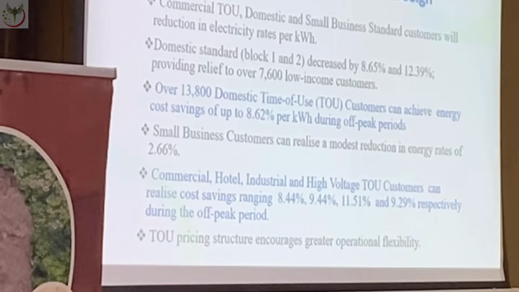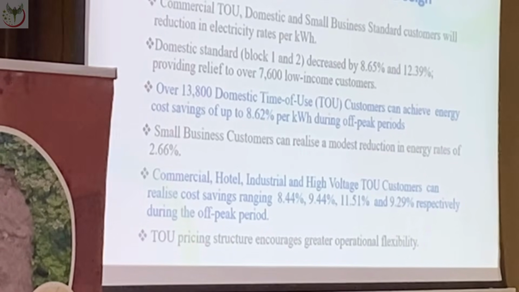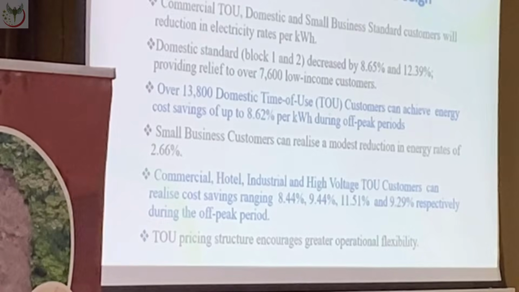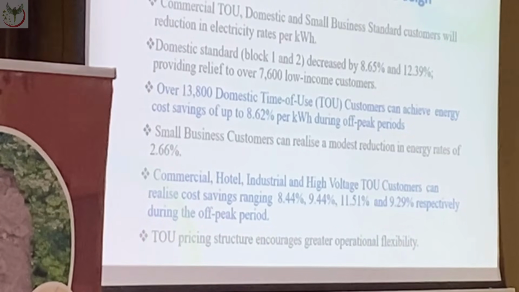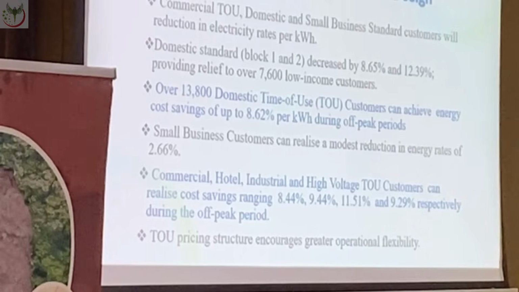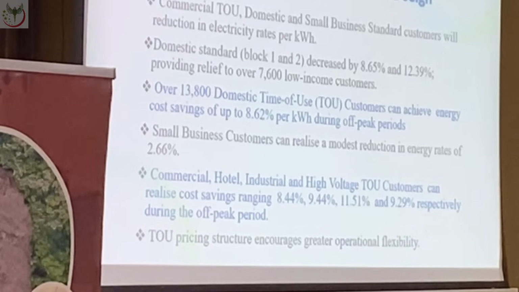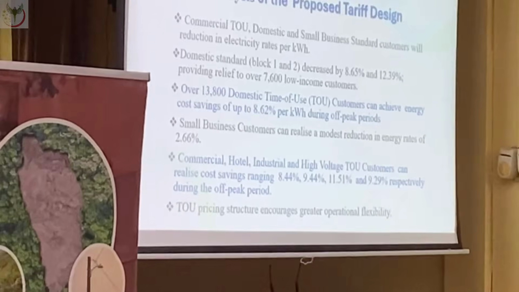Domestic standard 2-tier tariff for block 1 and 2 will decrease, as I said, by 8.65% and 12.39% respectively.